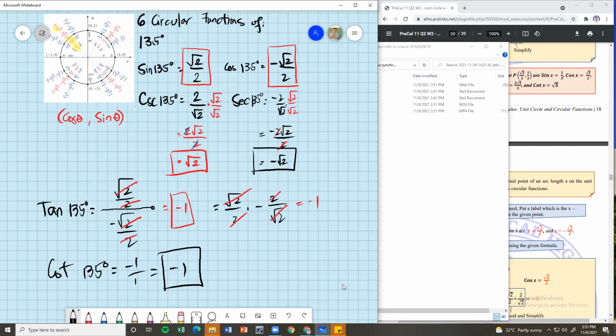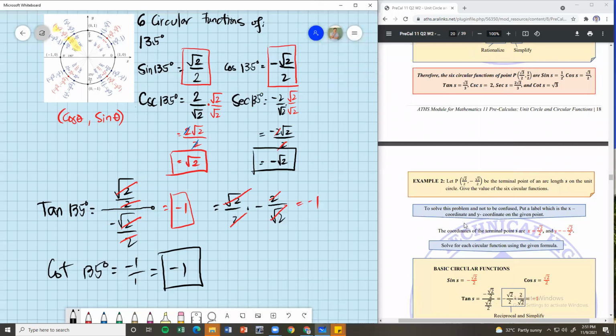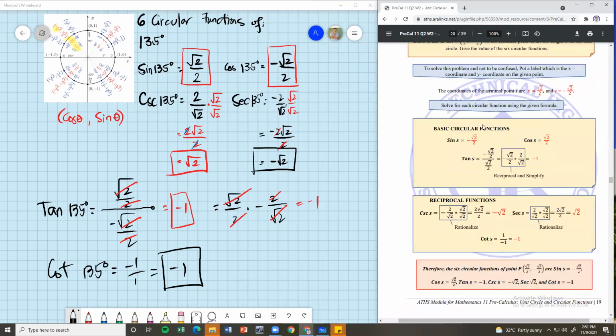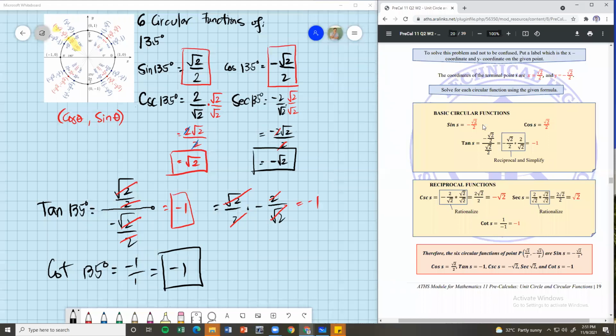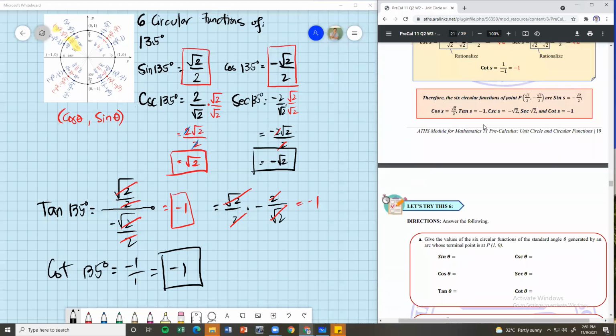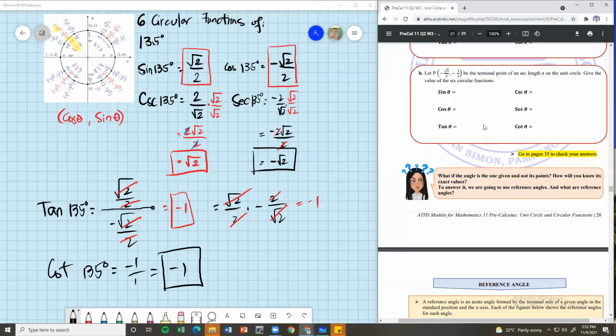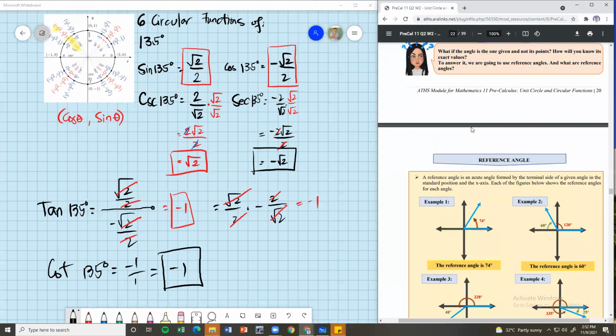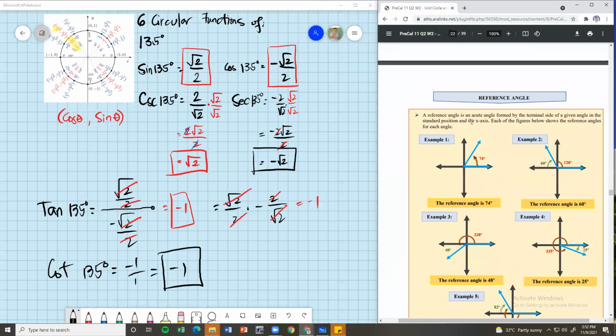Show a reaction if you understood that process. Let me see. Very good. See, ang dali-dali lang ng lesson natin. That is all you need to follow for this. Okay? And then, what else should we learn? Uy, malapit tayong matapos. Reference angle naman.